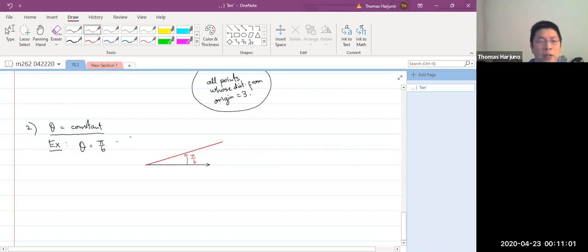Okay, that's all coordinates whose angle is equal to pi over 6 from polar axis.